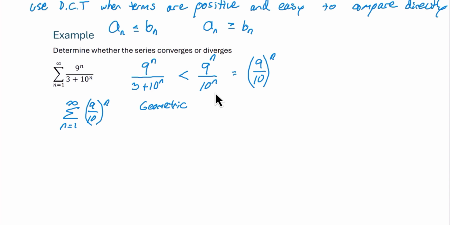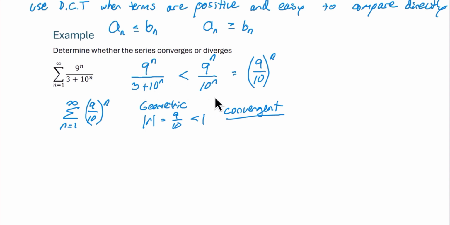And its r value is 9/10, which is less than 1. And when we have an r value of a geometric series that is less than 1, we know it's convergent. So we have a convergent series that is bigger than the original.